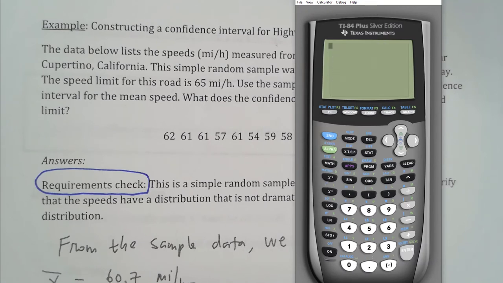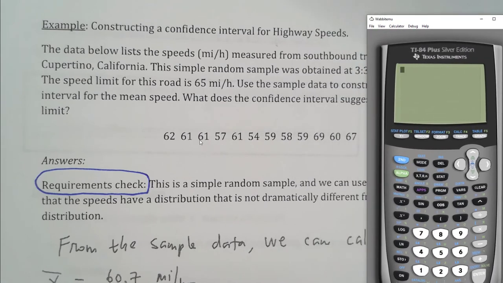First thing, again, this is our data. We're going to list them in the list L1. Okay, so make sure it's in the list L1. And now you're going to use the STAT PLOT. So second, STAT PLOT, we are going to use Plot 1.